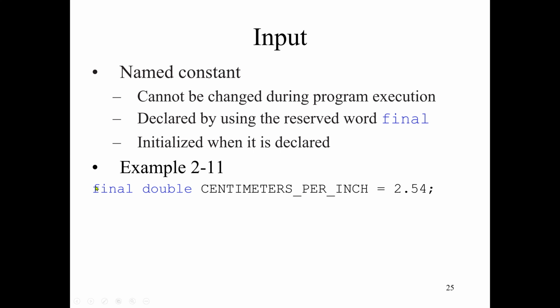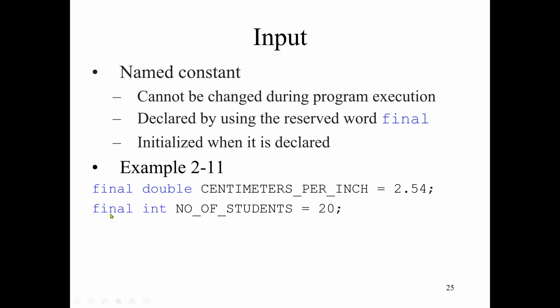We declare it as a constant variable, so we use the keyword final. So first, if you are declaring a constant variable, we start with the keyword final, the data type, the variable name. Then we have to initialize it. Since it's a constant variable, we have to provide the value that it holds as constant. So for the variable centimeters per inch, the constant value is 2.54.